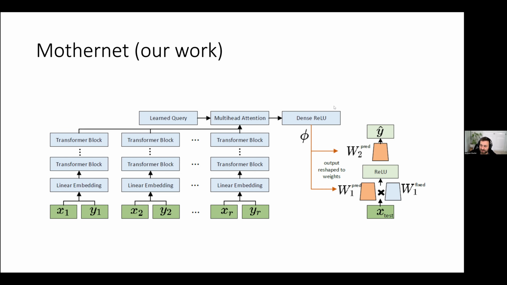We take this and reshape it into the weights of a small neural network. Here I depicted one with one hidden layer, though I think the current results are best with two hidden layers. Basically, you just take this vector and reshape it to get the weights of the neural network, W1, W2.